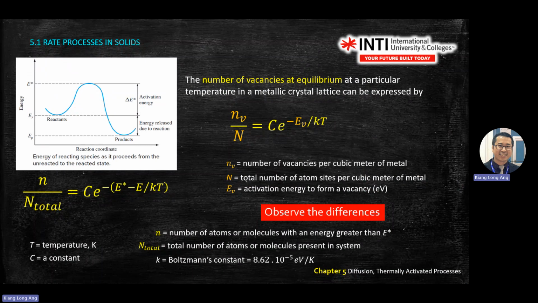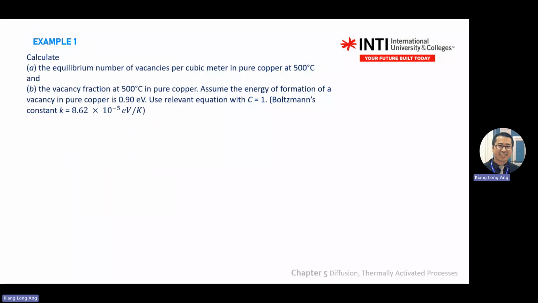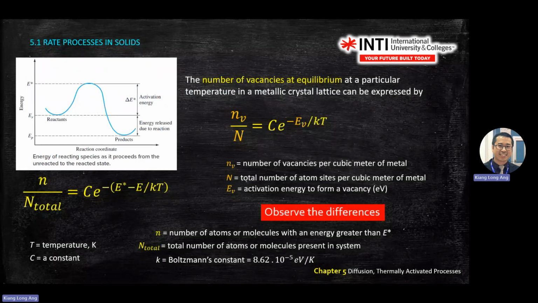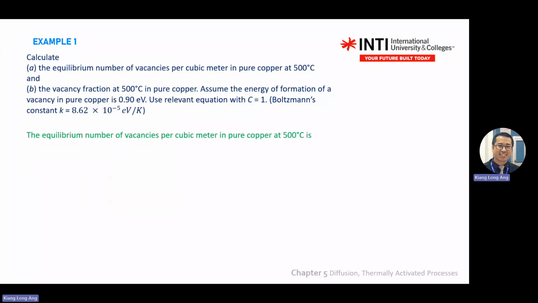The question asks you for the equilibrium number of vacancies per cubic meter of pure copper at 500 degrees. Use left or right? The right one. So we use N_V divided by N equals C e to the power of minus E_V over kT.